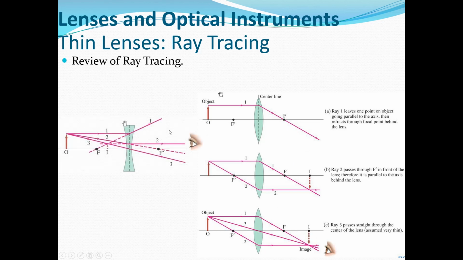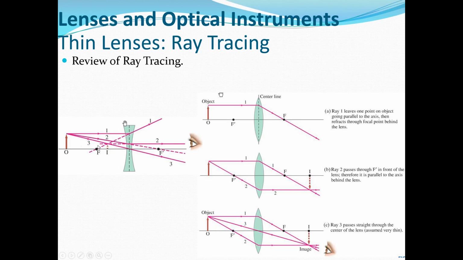And then a similar thing for the diverging lens, where we go parallel and then it's going to refract outward, but it's going to do that as if it came from the focal point. So you kind of have to backtrack it too. Same thing, a line that looks like it's going to be going through this focal point, then goes parallel.